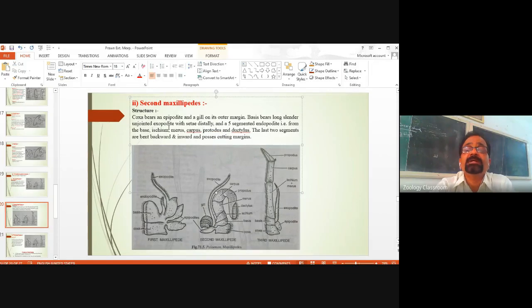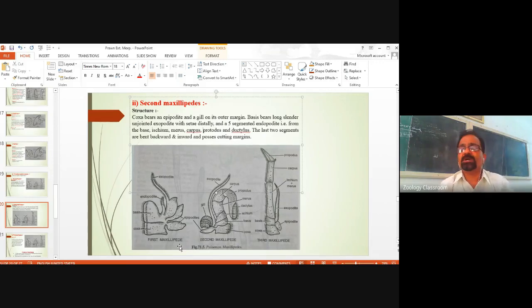But here this is the coxa, it bears epipodite. See, these are the epipodite. As I mentioned, these are the primitive gills. And a gill proper, this is the proper gill on its outer margin.